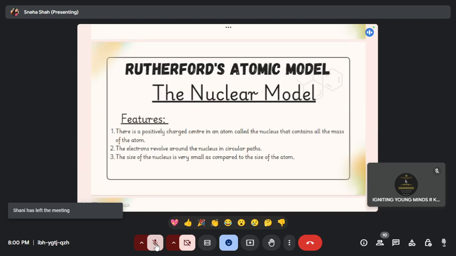Now, what were the drawbacks? What were the negative aspects of his experiment? His experiment gave the most important aspects of the structure of the atom, the existence of the nucleus, that there is something in the center of the atom that contains all the mass. But then there were some drawbacks that his experiment could not explain.